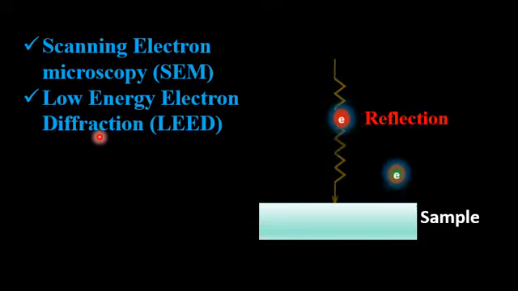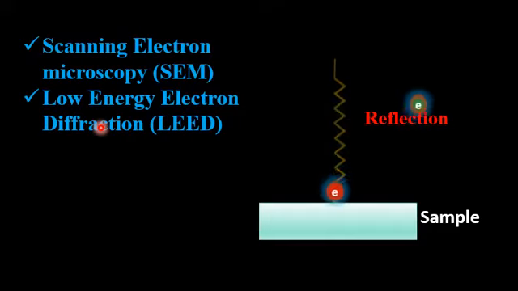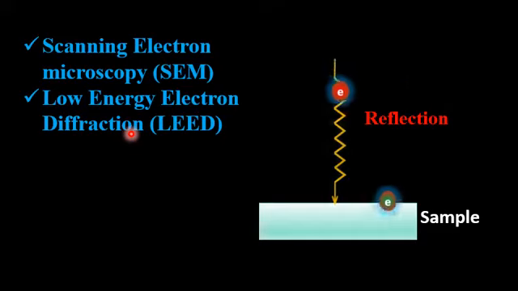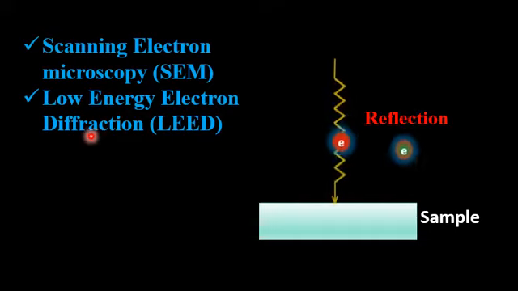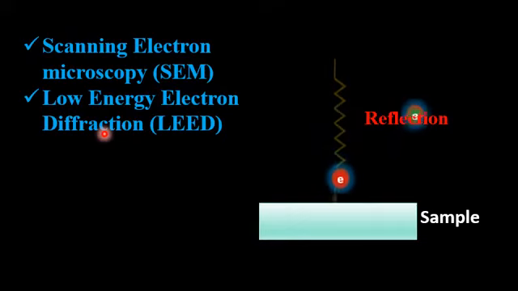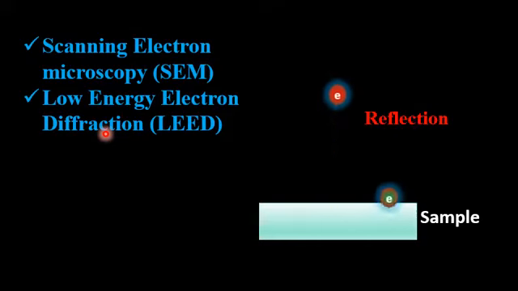In the low energy electron diffraction process, usually a low energy electron beam of around 30 to 200 electron volts is incident on a matter surface or on a single crystal surface. This low energy electron beam causes a diffraction of the electrons.